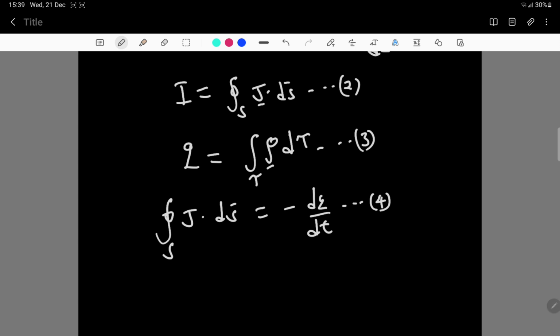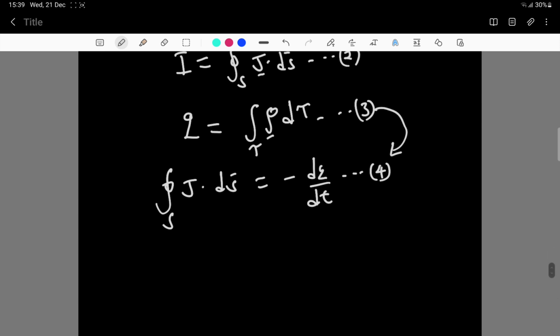Now, using equation 3 and 4, these two equations, if you look at them carefully, we can get the value of Q. We can substitute the value of Q, that is the charge. Therefore, we have the closed surface integration of J ds equals minus, we are substituting the value of charge from this one.